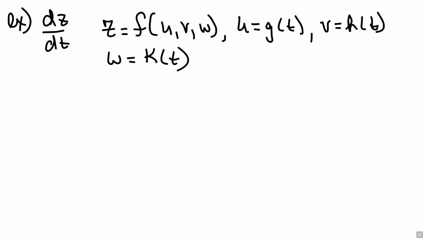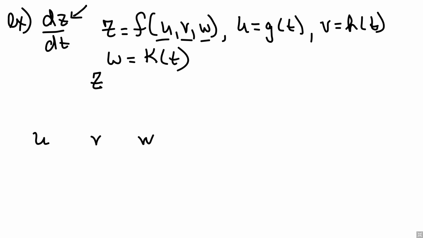The way we draw the tree diagram, we start off with the variable that we are taking the derivative of, at the very top. In the middle are the variables that make up the function: u, v, and w.